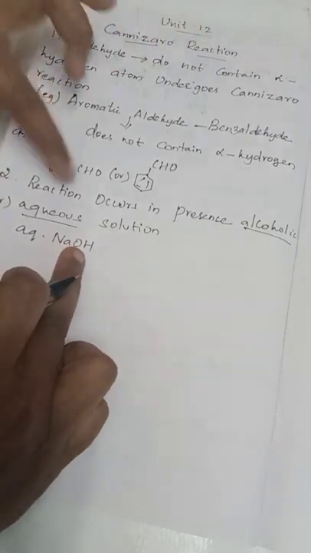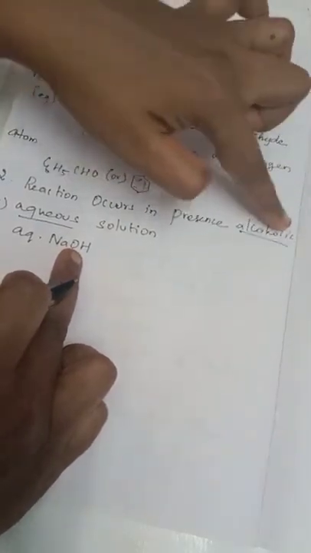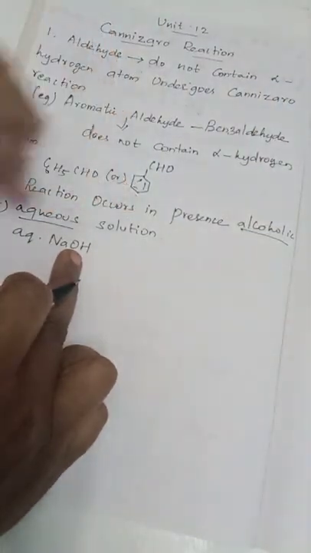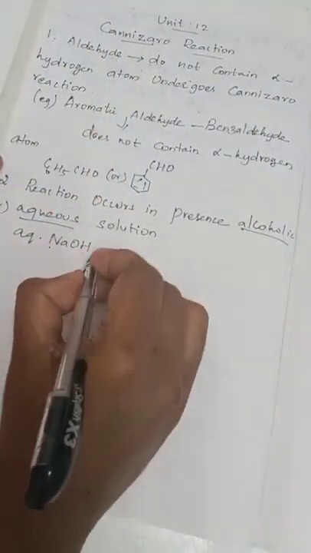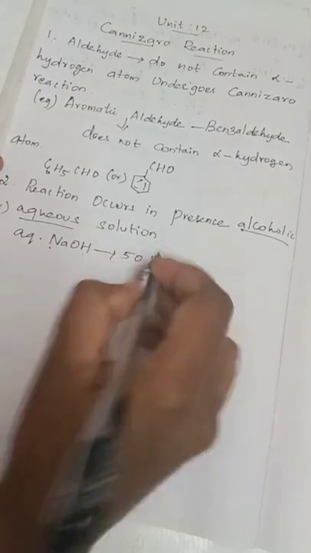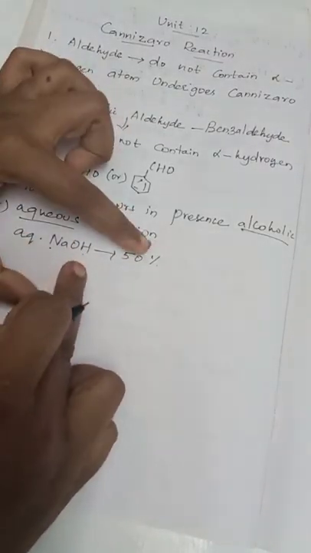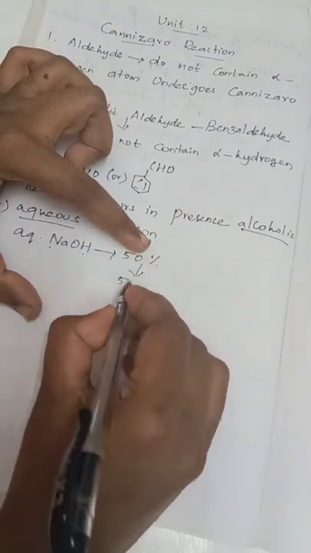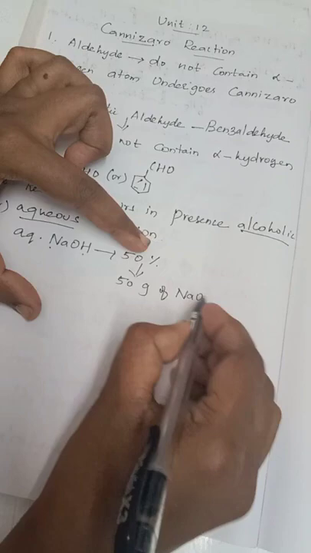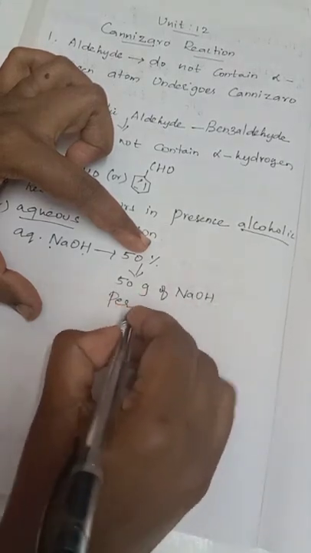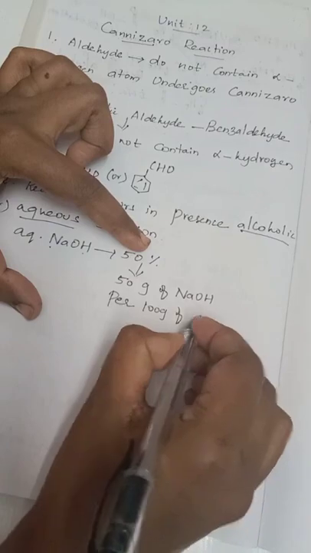Here we are using aqueous sodium hydroxide as the reagent. The Cannizzaro reaction occurs in the presence of either alcoholic or aqueous solution. Here we are using 50% sodium hydroxide. This 50% is nothing but 50 grams of sodium hydroxide dissolved per 100 grams of solution.